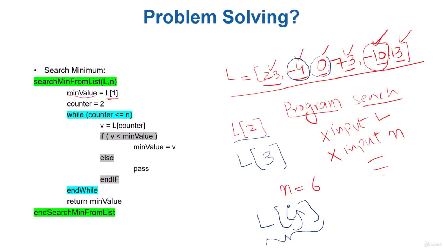Obviously, that is wrong. This is not the minimum value. The minimum value may be somewhere else, but we are not sure that the first value in the list is the minimum value. But let's just hold on for a moment and move on. Let's say the minimum value is this. Here, this is called the assignment.